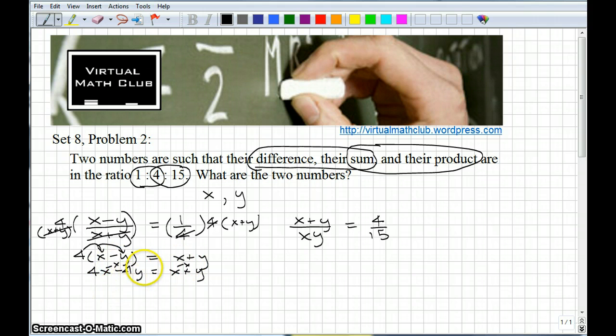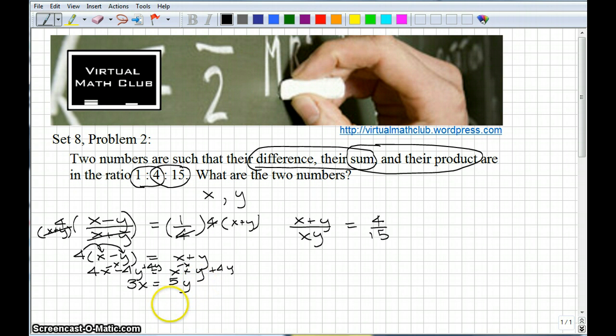And I'm actually going to add 4y to both sides. So 4x minus x would be 3x. And when I add 4y to negative 4y, I get 0. That's good. And x minus x is 0. And then y plus 4y gives me 5y.